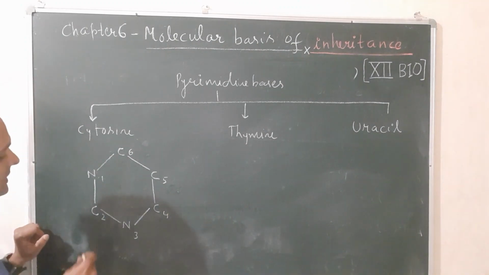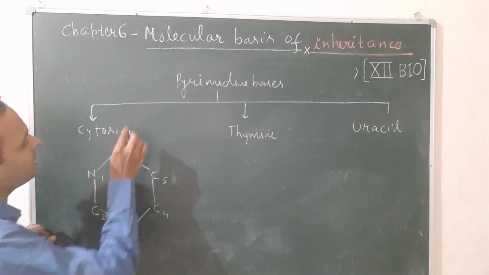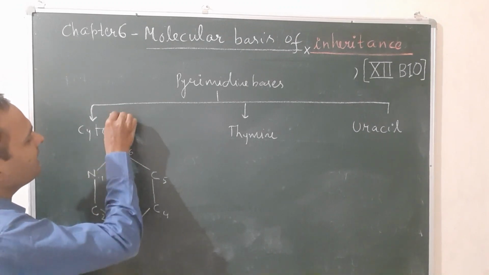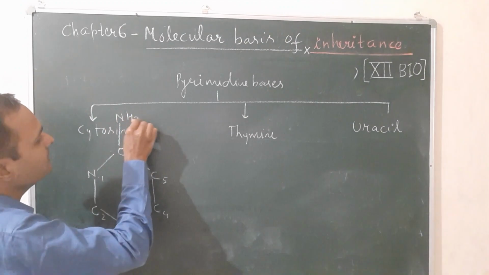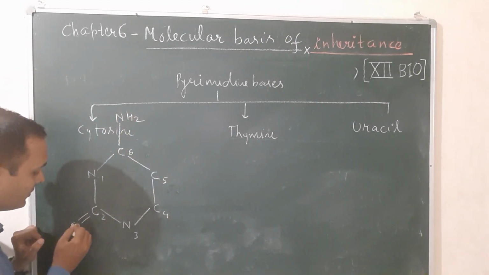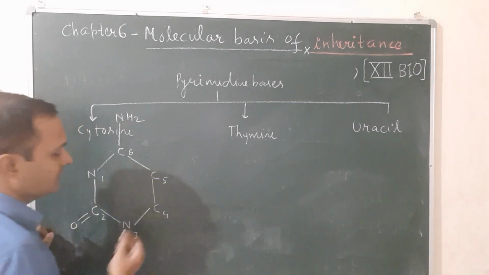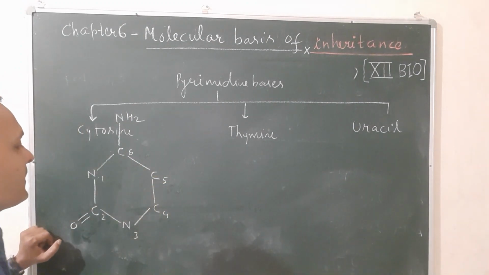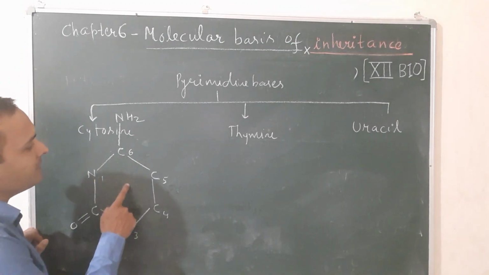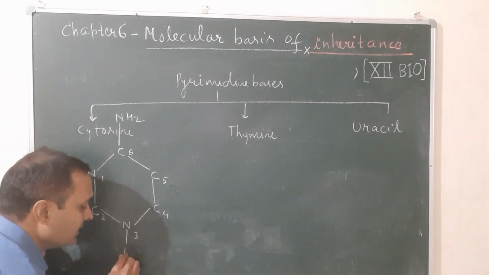At the 6th position we will write the NH2 group, that means the amino group, and at the 2 position we will write the oxy group. Now you will balance it. You know the valency of carbon is 4 and nitrogen is 3. In pyrimidine bases, there is always one hydrogen free at position 3.